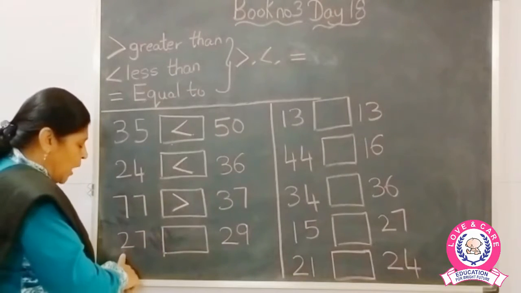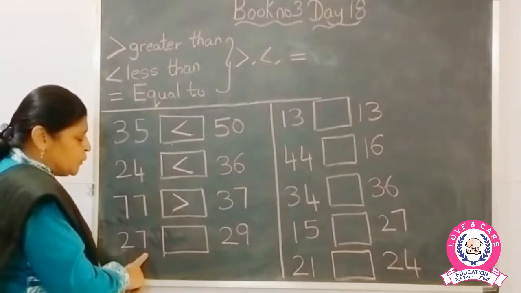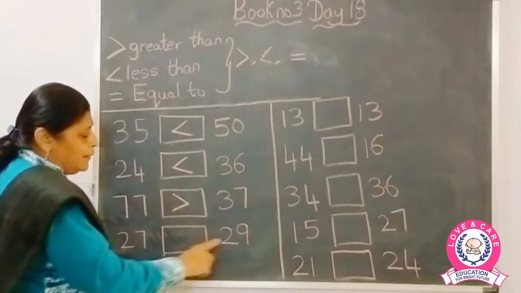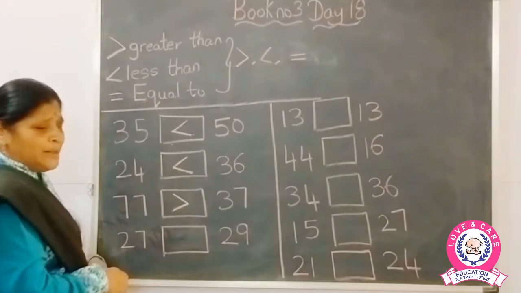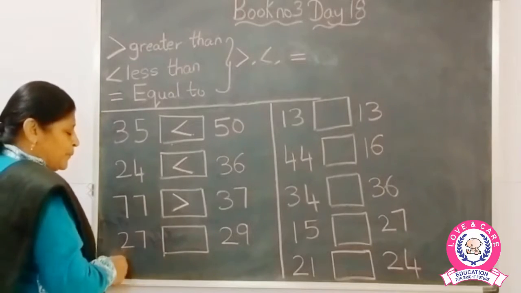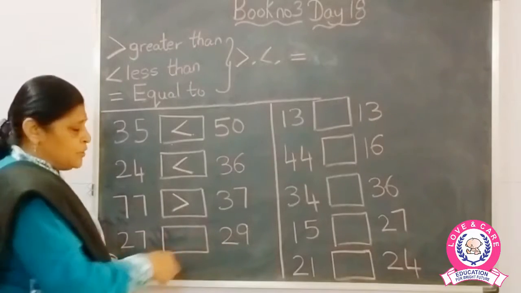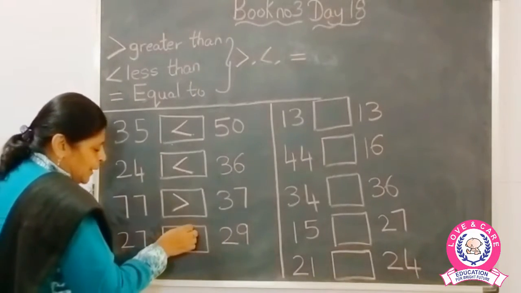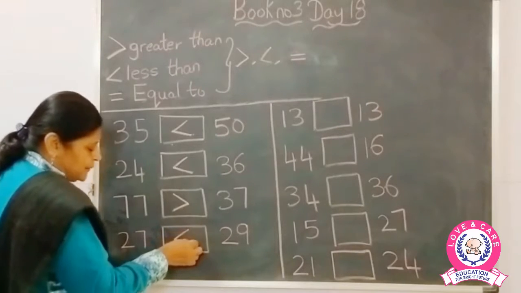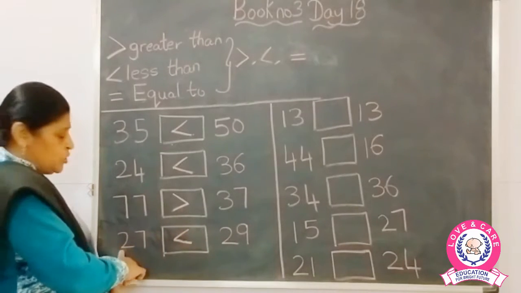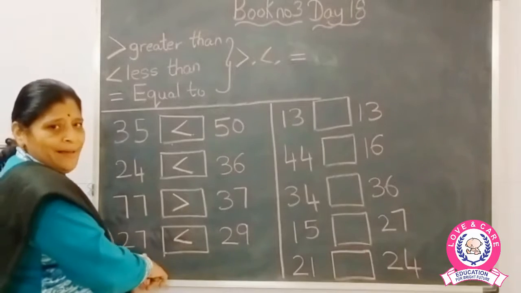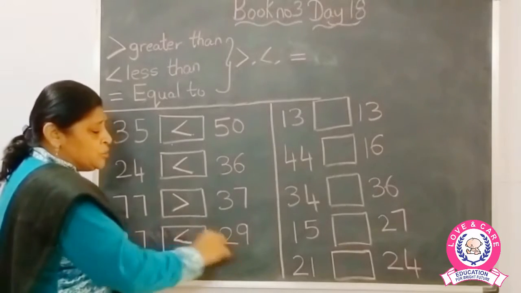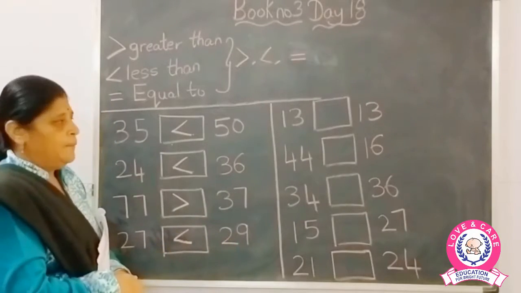Okay? Now the next number. 27, and here the number is 29. So which number is greater? 29. Here the sign will be this. And we say 27 is less than 29.